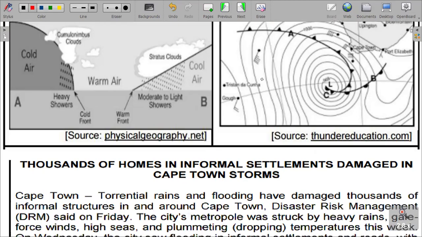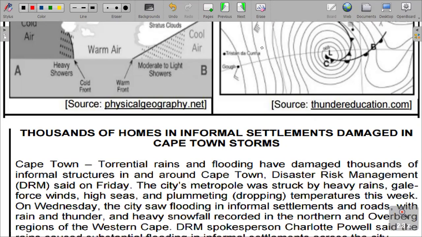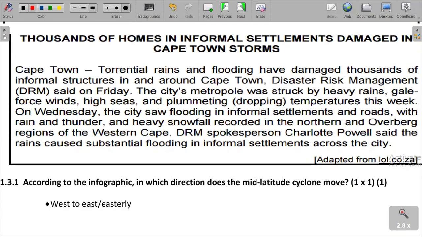We want to understand how thousands of homes in informal settlements were damaged in Cape Town storms. Torrential rains and flooding have damaged thousands of informal structures in and around Cape Town. Disaster risk management said on Friday the metropole was struck by heavy rains, gale force winds, high seas, and plummeting temperatures this week.